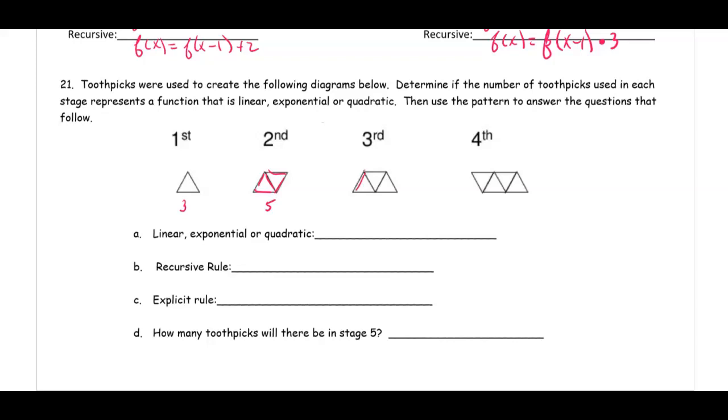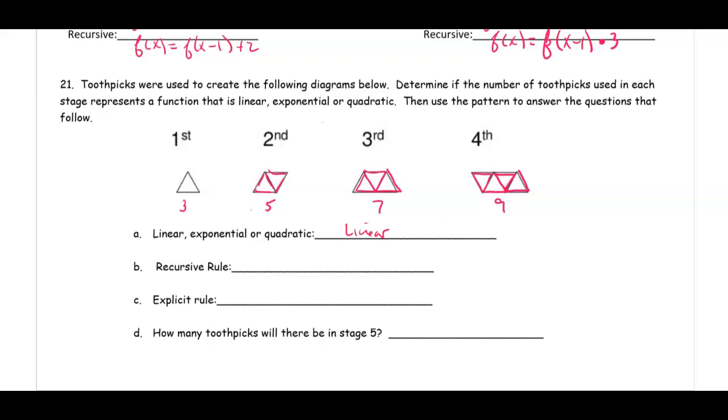In the third stage, you had 1, 2, 3, 4, 5, 6, 7. In the fourth, you had 1, 2, 3, 4, 5, 6, 7, 8, 9. Therefore, when I look at this, if I made a table, it would go up by what each time? It would go up by 2, which makes it linear.